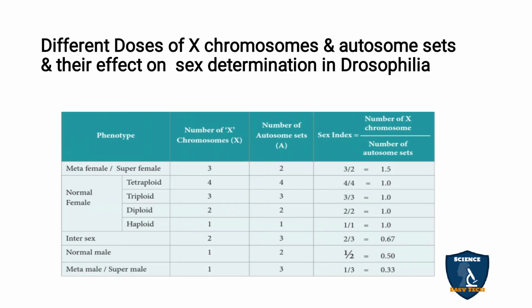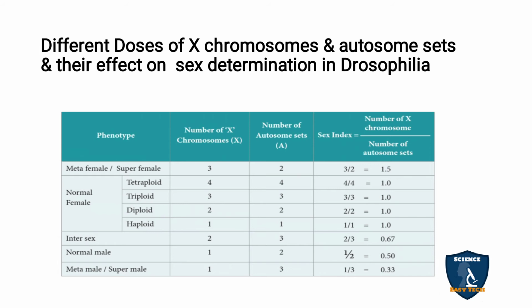So, different doses of X chromosomes and autosomal sets and their effect on sex in Drosophila. Here the phenotype is given, and the number of chromosomes, number of autosomes and the sex ratio are given. You can get any 1 mark question from this tabular column.